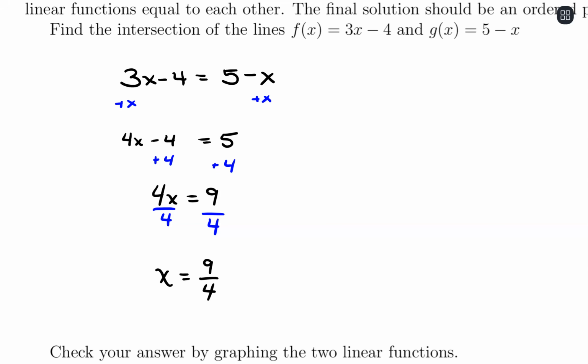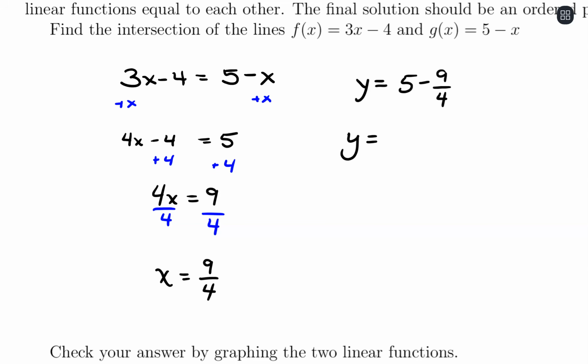We're not done yet because we need the y coordinate as well. So to get the y coordinate, the x value should be the same for both of these functions. So what I can do is just take that x value and plug it in to either function. It doesn't matter which one. I'm going to go ahead and use this 5 minus x just because it's a little simpler. So we should be getting y equals 5 minus x, and we're having x equal 9/4.